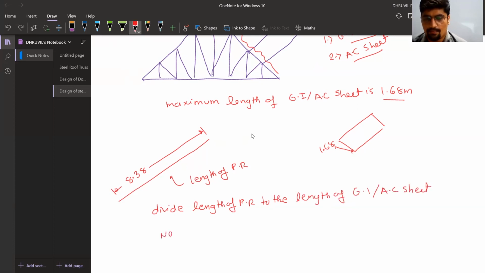So number of panels is equal to 8.38 divided by 1.68, and the number is 4.9.